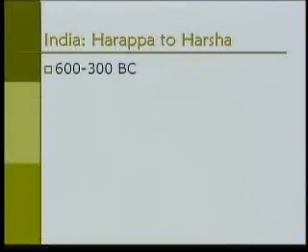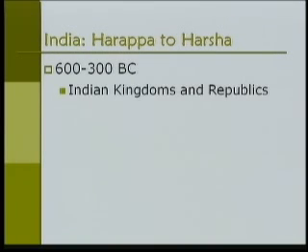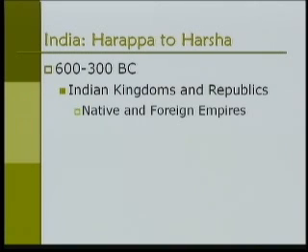So after the Indo-Aryan, let's see what happens and who came to power. Basically, from about 600 BC to 300 BC, what you see is the rise of kingdoms and republics in India. These kingdoms and republics: kingdoms were native and republics were foreign.